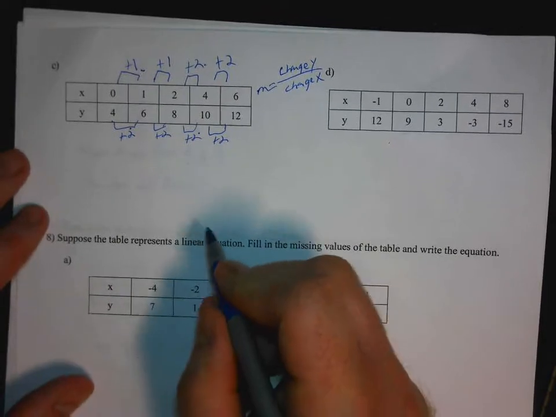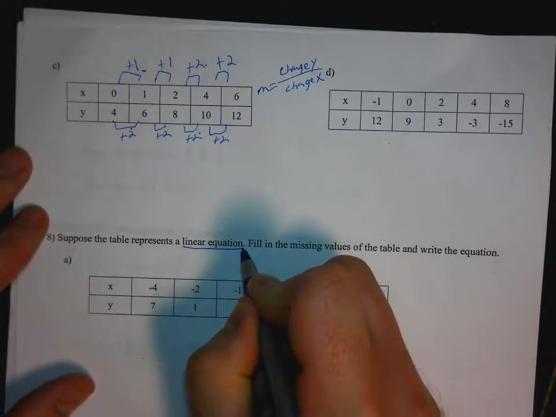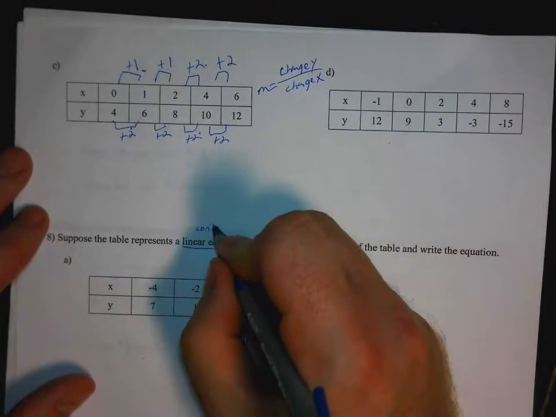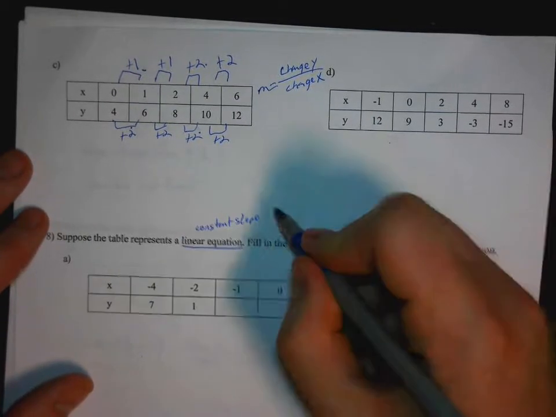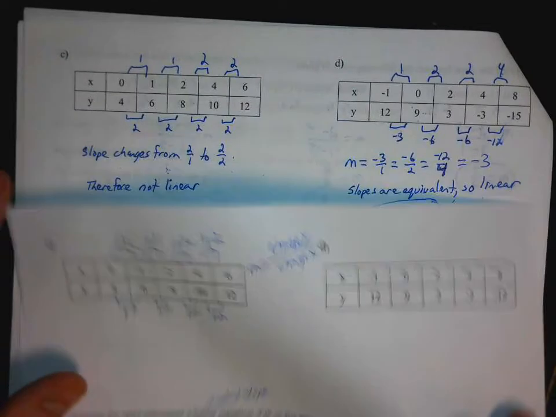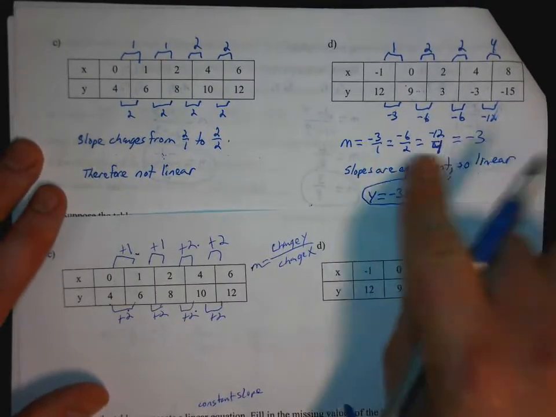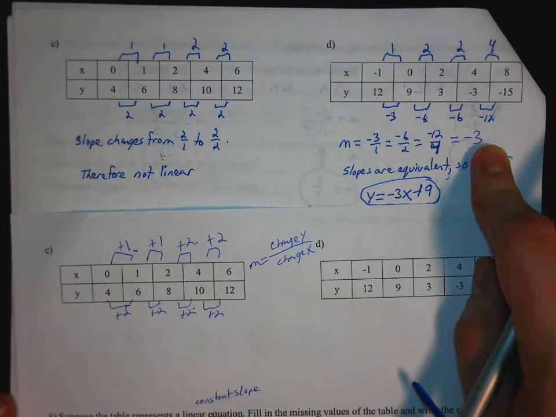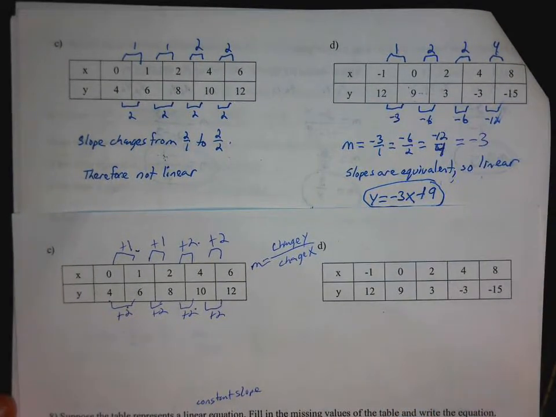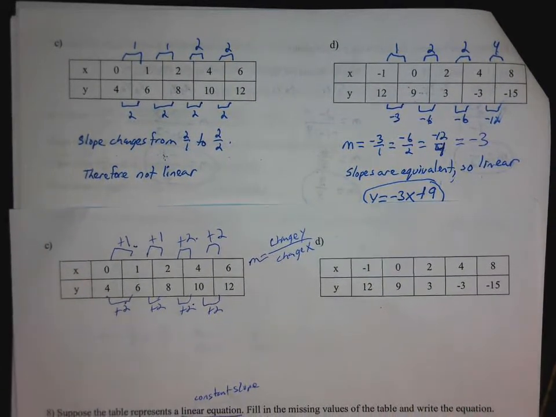Well, remember, in order to be a linear equation, that means constant slope, which means, just like in that last example, your slope has to reduce to the same number each time. So whatever pair of points you're looking at, the change in y divided by the change in x has to reduce to the same thing each time.